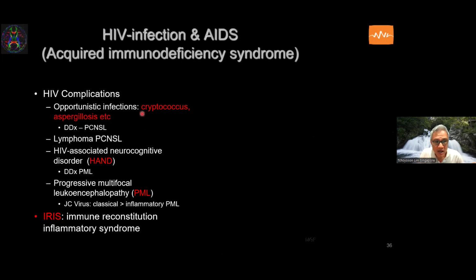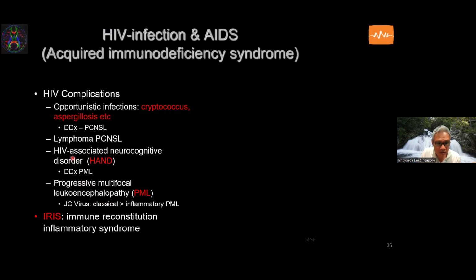As I mentioned, other opportunistic infections like Cryptococcus and Aspergillus can also affect them. And finally, lymphoma, primary CNS lymphoma, can be seen in patients with HIV and must be distinguished from toxoplasmosis. There are two complications in HIV that affect the white matter.